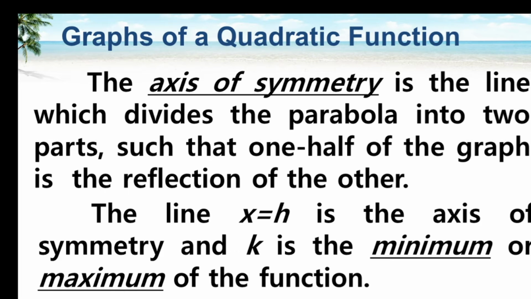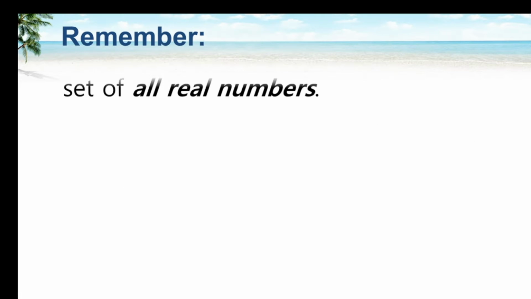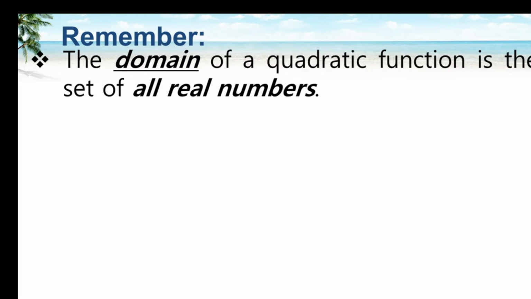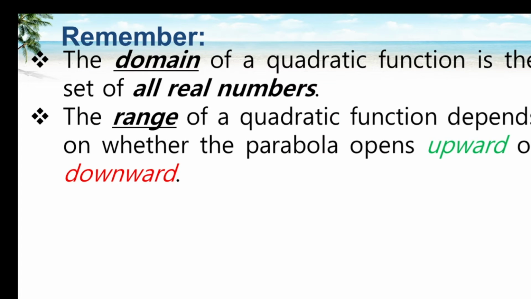The line x = h is the equation of the axis of symmetry, and k is the minimum or maximum of the function. Remember that the domain of a quadratic function is the set of all real numbers, while the range of a quadratic function depends on whether the parabola opens upward or downward.